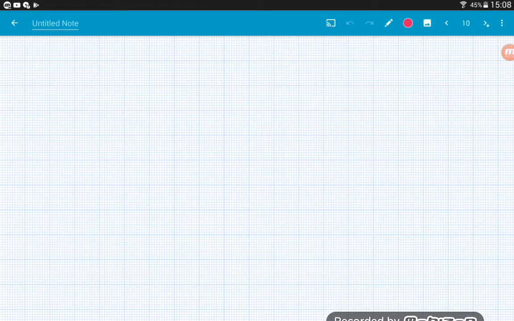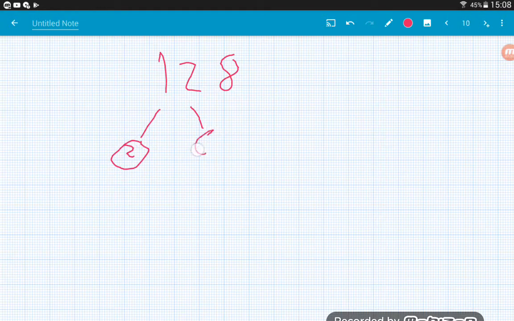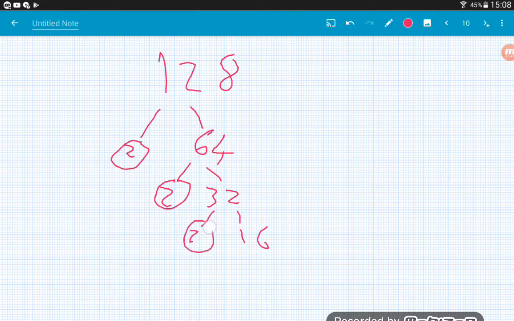Let's go a little bit bigger. Let's go for 128. Let's see what happens there. So, it's a bigger number, but it's not really that scary. We're not too worried. So we can say that 128 is 2 lots of 64. 64 we can say is 2 lots of 32. 32 we can say is 2 lots of 16. 16 we can say is 2 lots of 8.